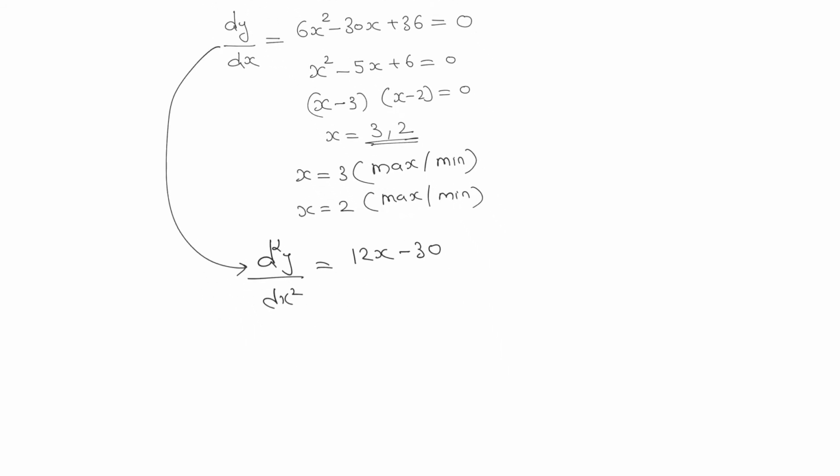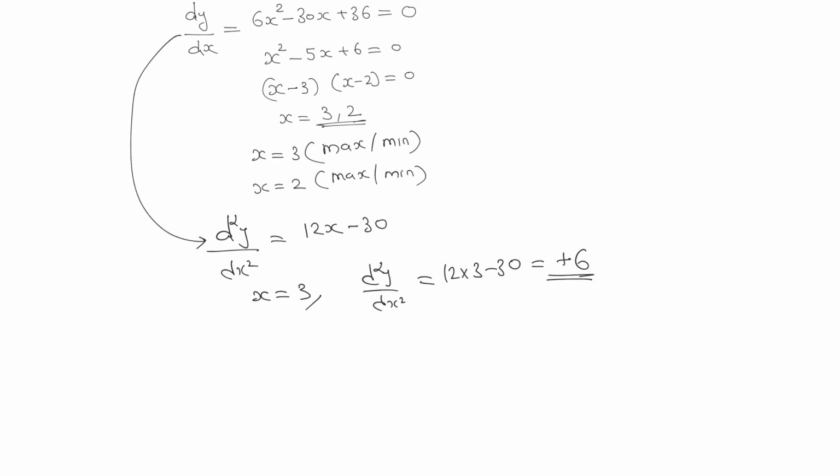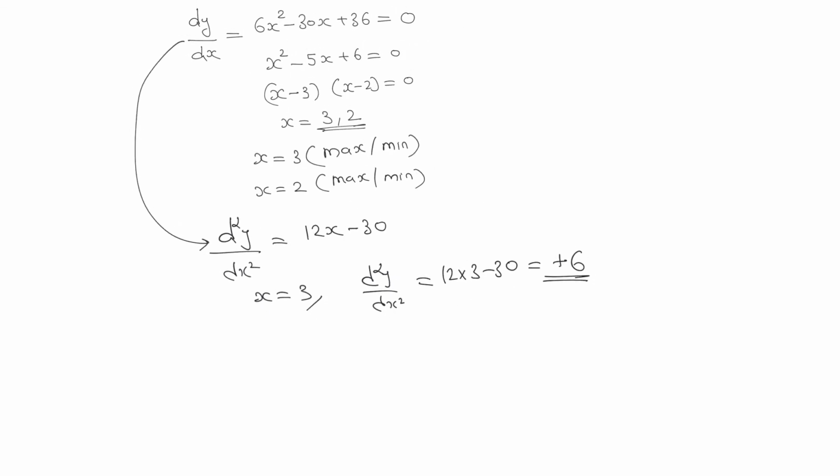Now in this equation, if you are putting x is equal to 3, we'll get the value of d square y by dx square is equal to 12 into 3 minus 30. So this will be equal to 36 minus 30, that is equal to plus 6. So if you are getting the value of d square y by dx square as a positive value, that means at x is equal to 3, we'll get a minima.